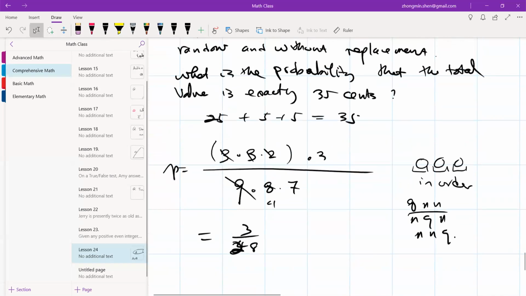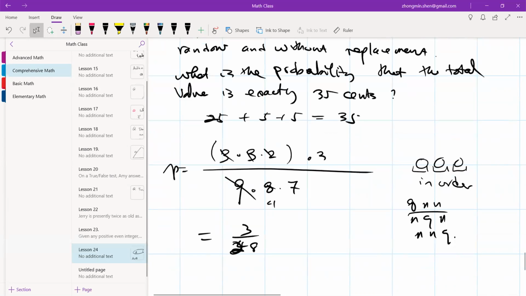Now you may say, okay, I just grab 3 coins. There's no order. If there's no order, I have to divide the denominator by 3 factorial. But the numerator, I have to be very careful.